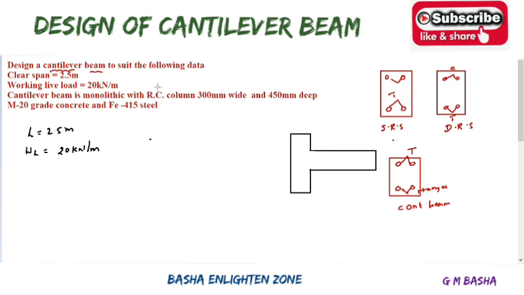Like this, and the column width is around 300 mm. Here the RC column is 300 mm wide, which means the beam is 300 mm wide. If you see here, this is the beam portion.